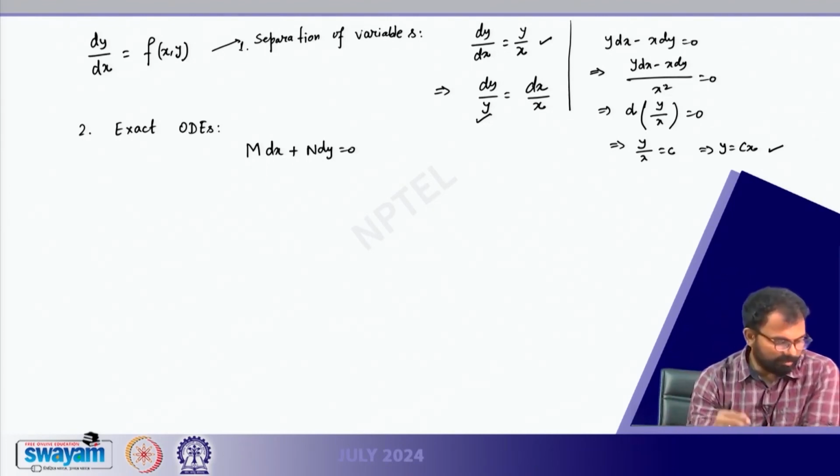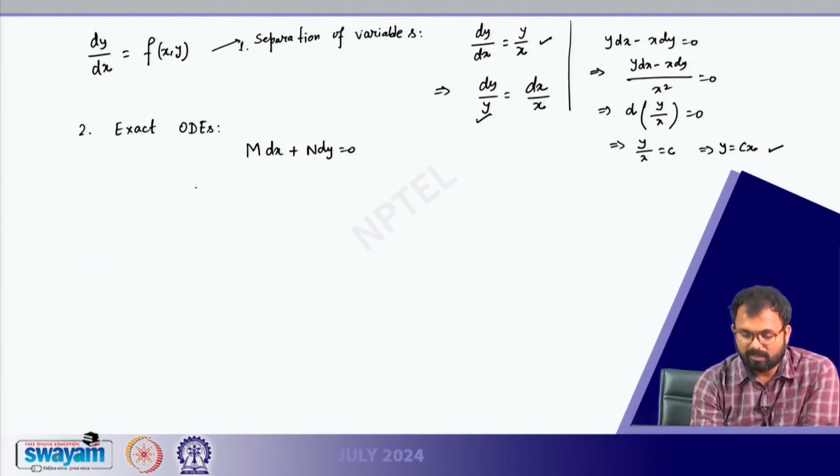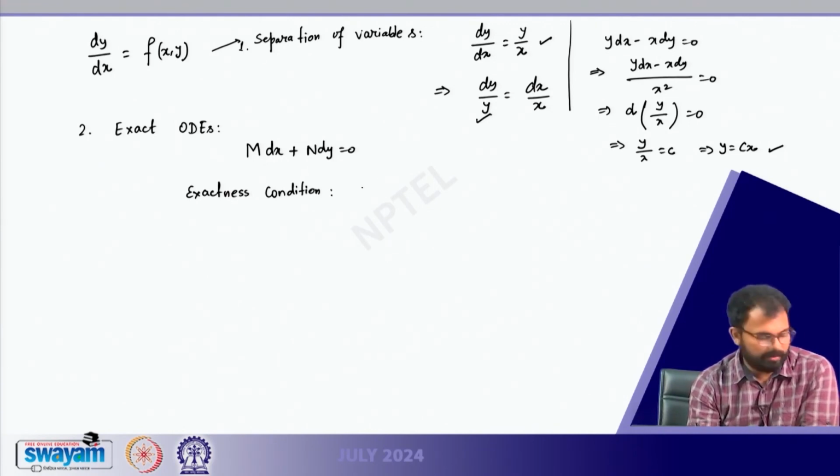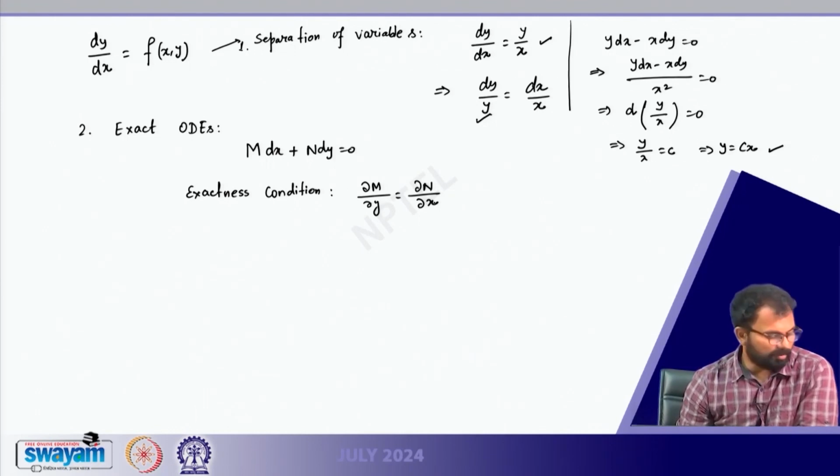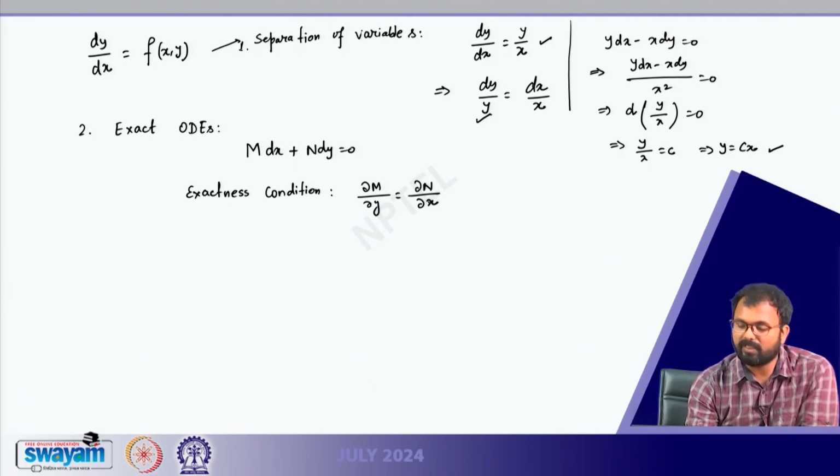The condition, we will not prove the theorem, for checking the exactness is: del M by del y is equal to del N by del x. If this happens, then this is the necessary and sufficient condition for checking the exactness of a given ordinary differential equation, right.